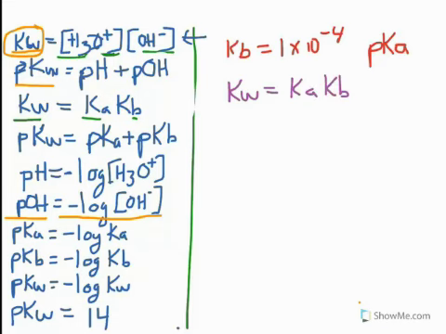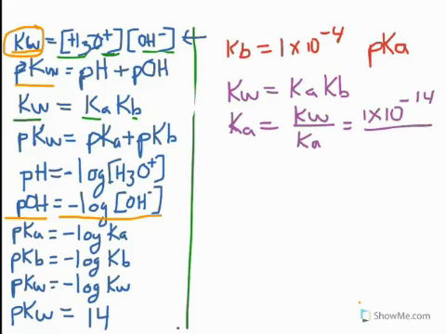So Ka, which is what I'm after, is equal to Kw over Kb. Kw is given, it's 1 times 10 to the minus 14th, divided by Kb, 1 times 10 to the minus 4th. So Ka equals 1 times 10 to the minus 10th.